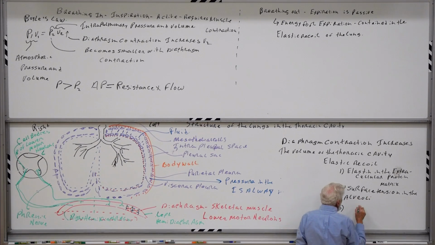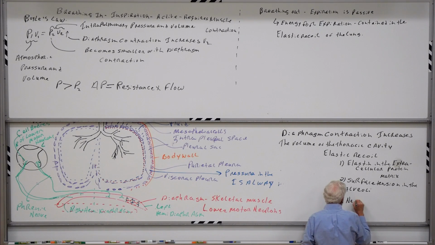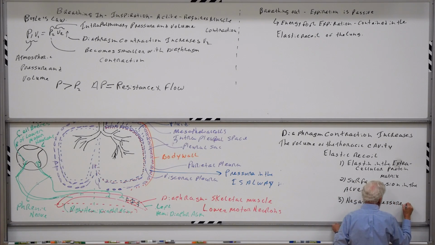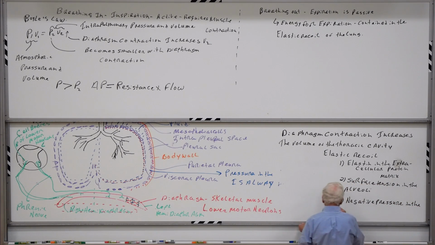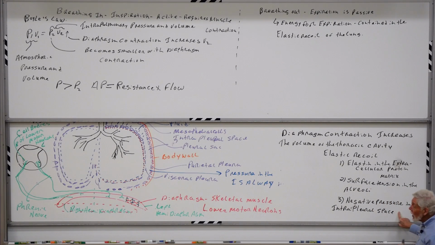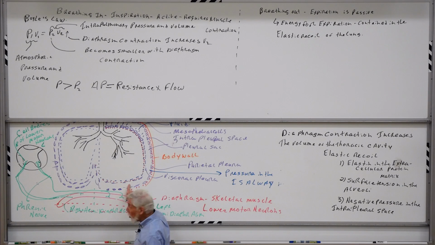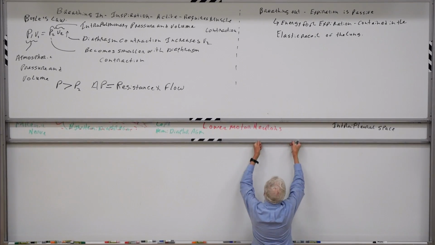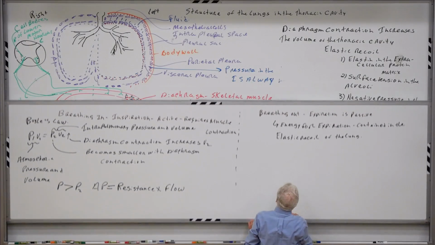And thirdly, it comes from the negative pressure in the intrapleural space. Remember that the intrapleural space is the space between the visceral and parietal pleura. We said this was always negative. So now we want to see how these elastic recoil characters are managing to allow us to breathe out.